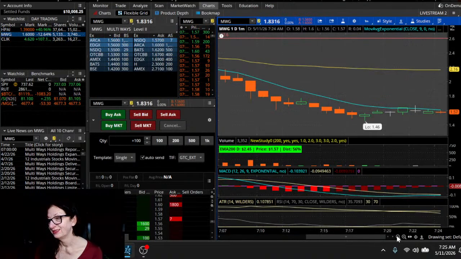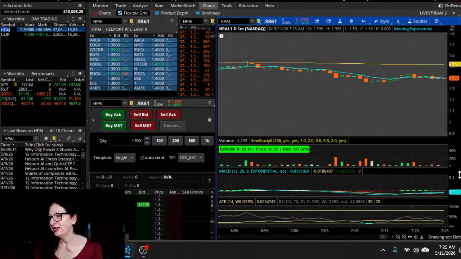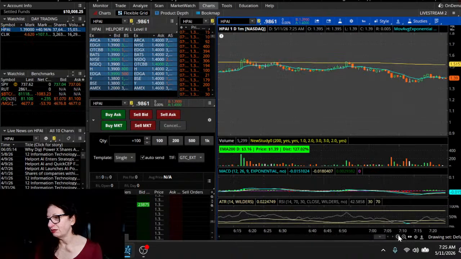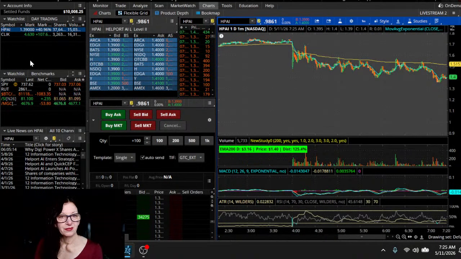Ooh. Okay, so let's take that off our list. HPAI has just been trailing below VWAP. It's been very active, but it's just trailing below VWAP. MRAM, I traded that. I had a big loss on it.